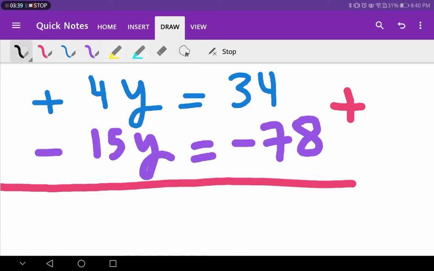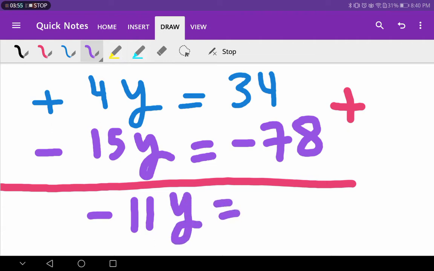What I have here, I add, remember, I have 4y and -15y, so Ayman, how many y's do I have at the end? -11y equals, 34 and -78 gives -44.